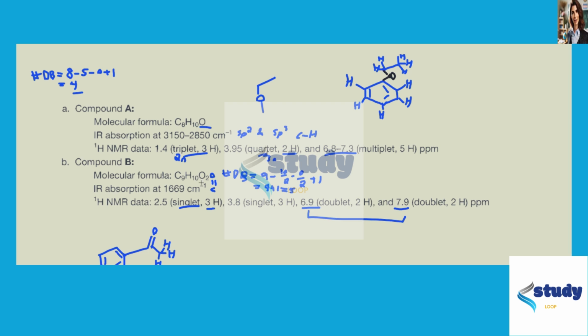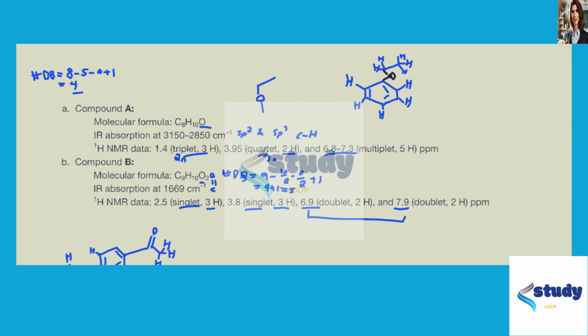But now I still have an extra oxygen, and I need to add another CH3 to this molecule. So I can just add another oxygen and another CH3, because the CH3 is also a singlet, and we don't want any splitting to occur with the hydrogens on this benzene ring. So we add the oxygen first and then the CH3, because oxygen and nitrogen cannot be involved in any splitting. So these three hydrogens will show up as a singlet.